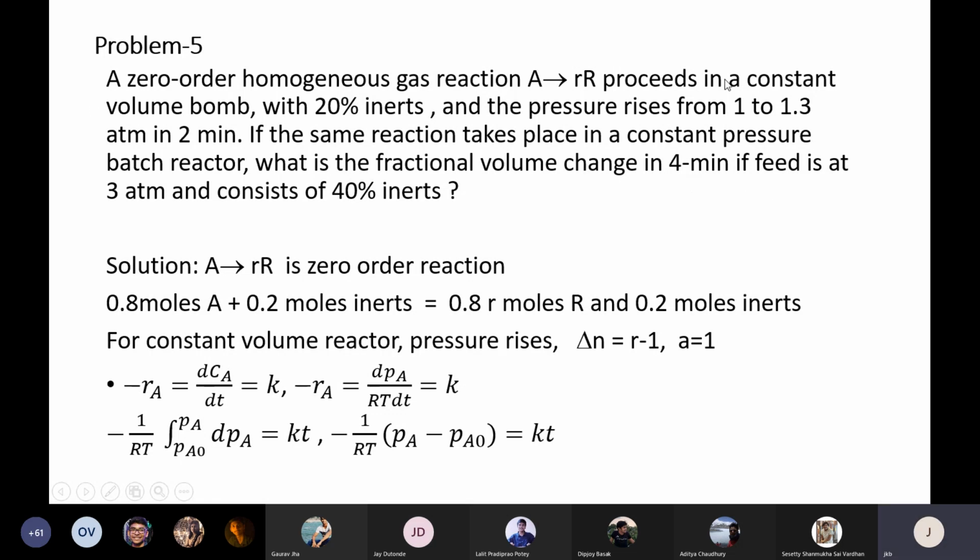You see, the initial part was a constant volume bomb and the second part a constant pressure batch. What is the difference? In the second part we can observe the volume change and in the first part we can observe the pressure change.